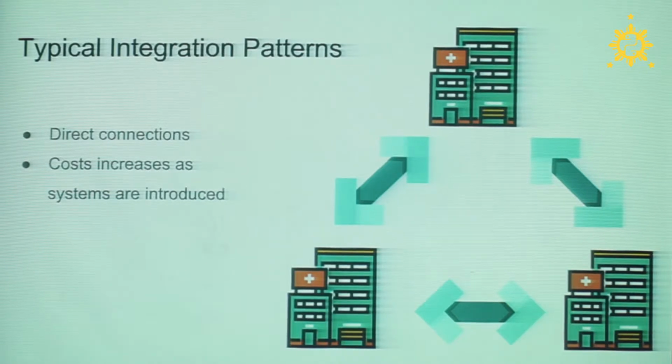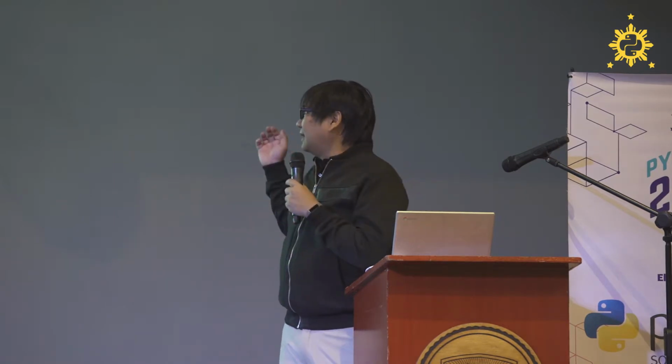This is very simple. In a normal scenario wherein two hospitals talk to each other, an API integration will work. But once you add another hospital, you need to connect to two hospitals now, and then three, and then four. Imagine that as more hospitals get integrated to each other in a direct connection pattern, complexity increases.